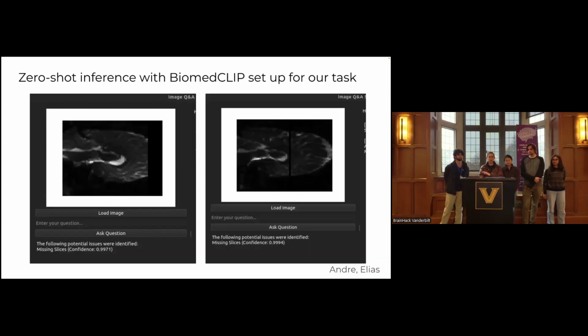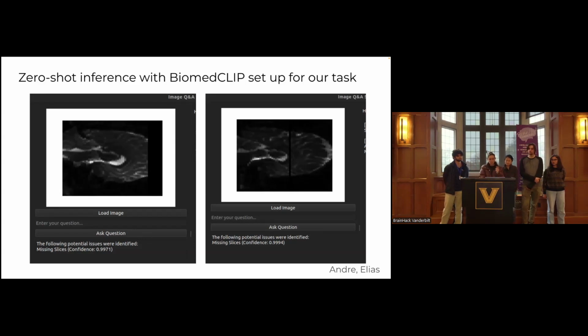Okay, so first off, if no training is done, but we impose our own workflow on it, this is what the GUI looks like. You provide an image, you load the image, and then you ask the question. And we output the following potential issues were identified, and it's going to tell you a list of the issues and the confidence score, or essentially the probability that it belongs to that class.